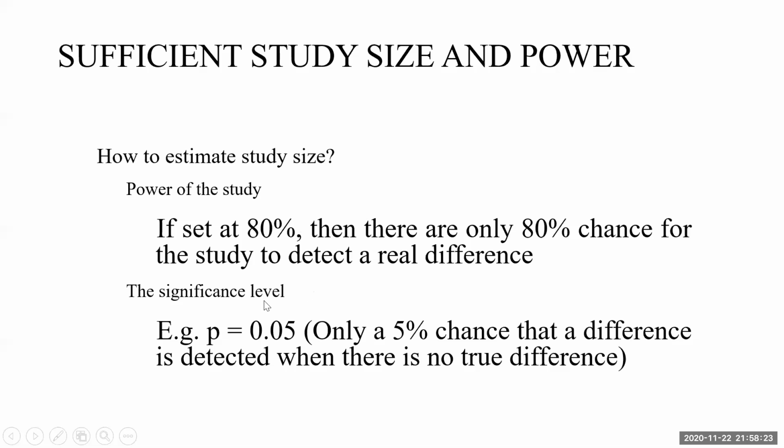Also, we should set the significance level. For example, P equal to 0.05, meaning that there is only a 5% chance that a difference is detected when there is no true difference. If you decrease the level of significance to 0.01, you will need a bigger study size to detect the difference between the two arms.